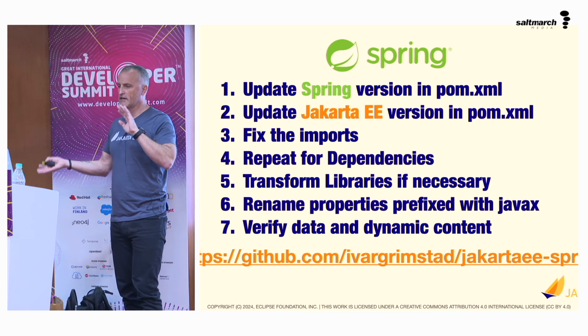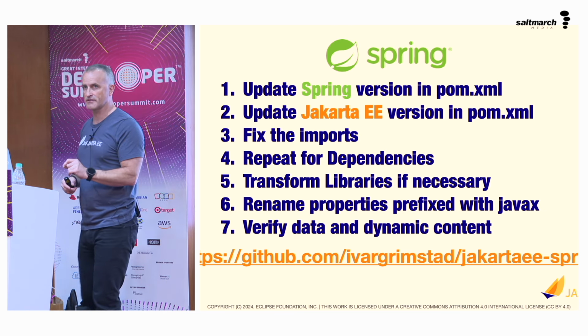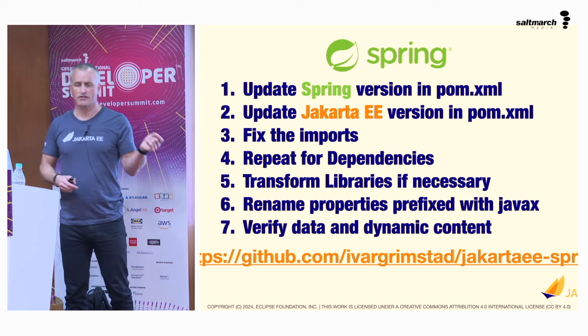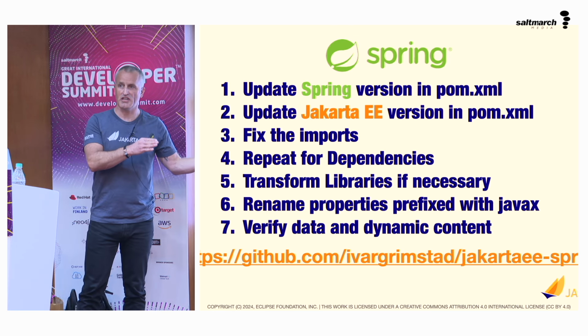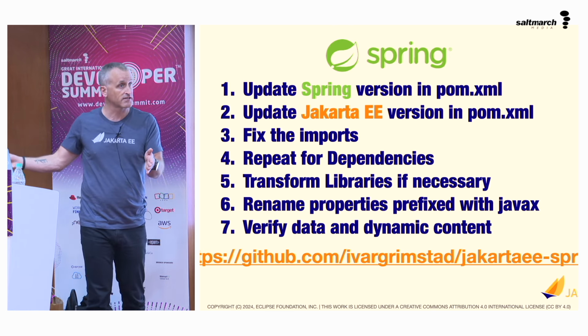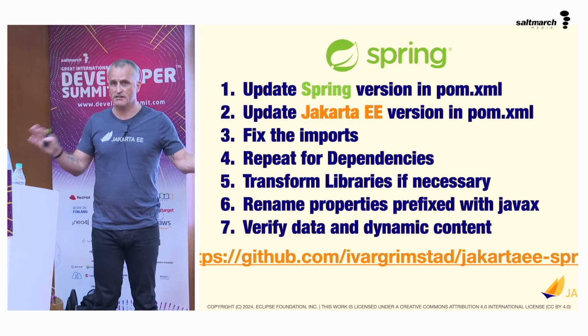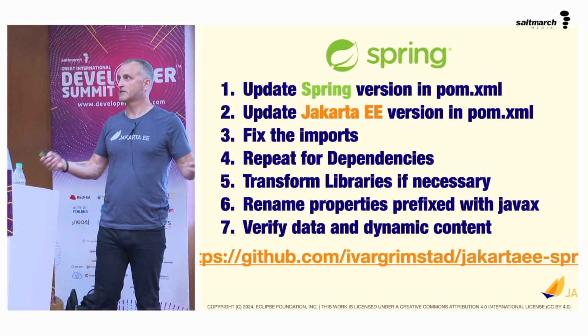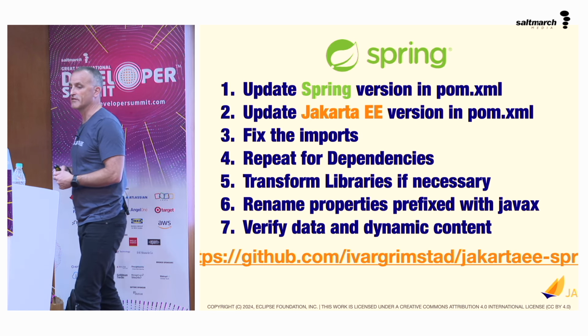So the namespace change also applies to properties. You may also build these property keys dynamically or do reflection on some javax classes. But you have to know your code base and just do whatever you need to do to fix it.